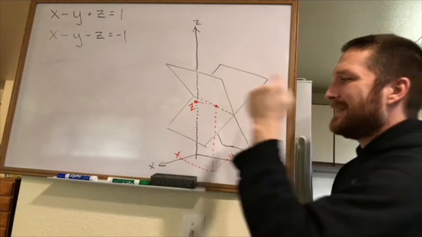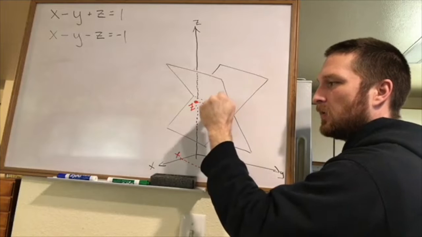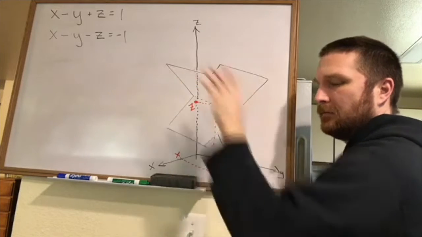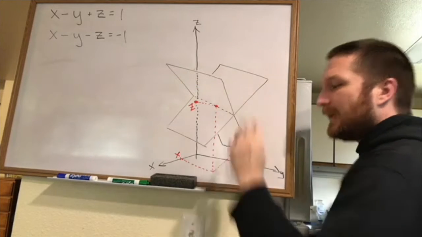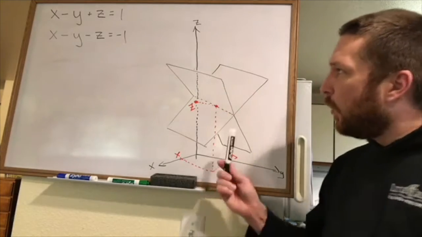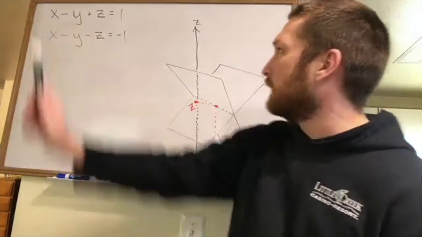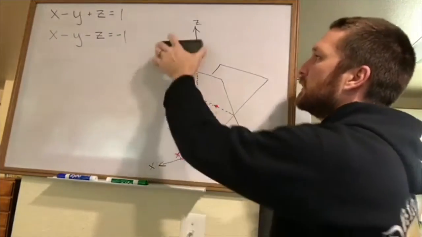So this one point that is on that line, in fact any point that's on that line, is going to have this property that when I plug it into here, we will get a true equation.